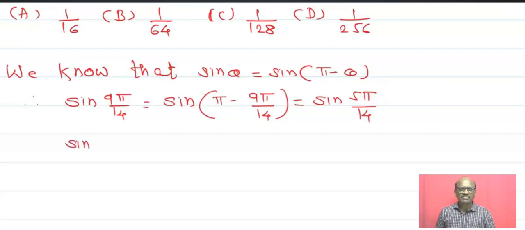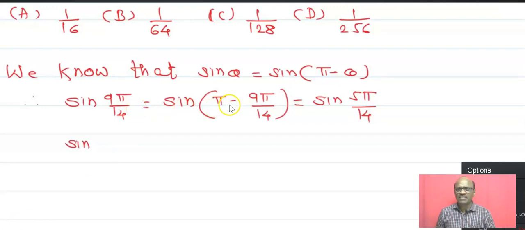Sine of 9 pi by 14 can be written as sine of pi minus 9 pi by 14. If we evaluate this, we get (14 pi minus 9 pi) upon 14, and that is nothing but sine of 5 pi by 14. That is, the values of these two terms are equal, and in the question we have these two terms.